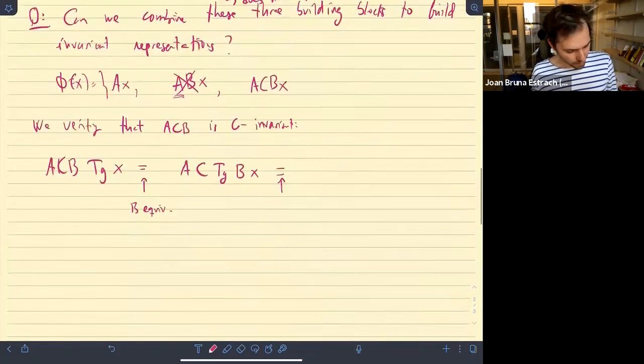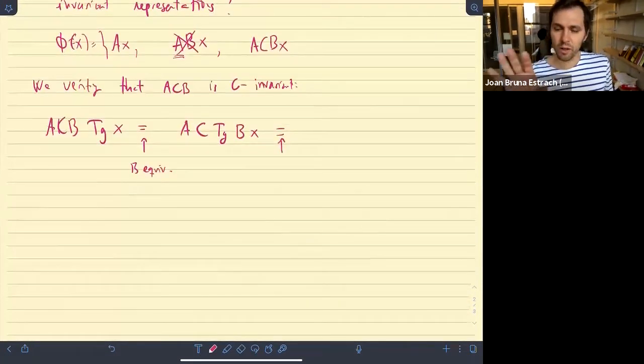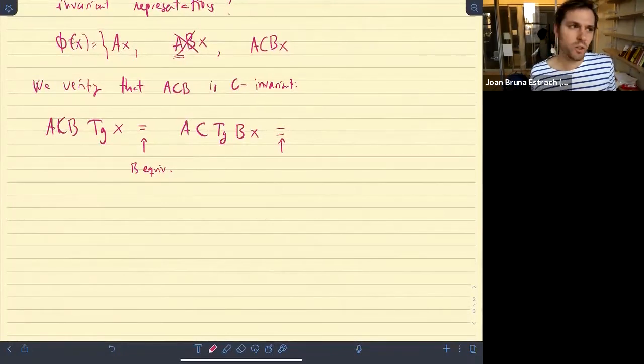Now you have an operator that is just moving pixels around, changing the location of the pixels. So if you deform your image and you change the colors, do you get the same object as if you first change the colors and then you deform the image? Anyone is convinced?